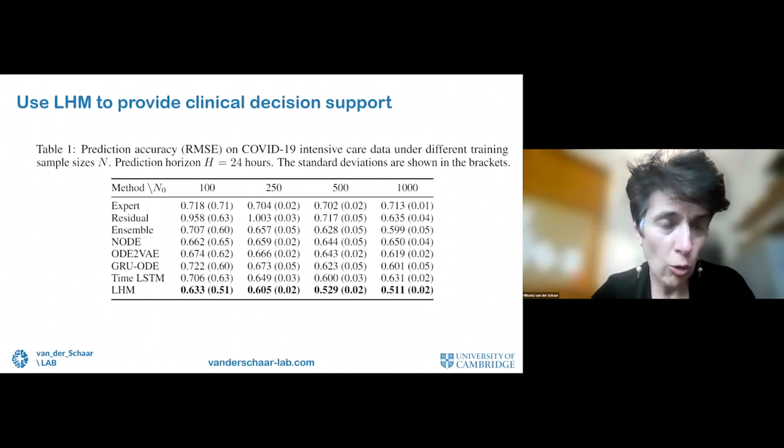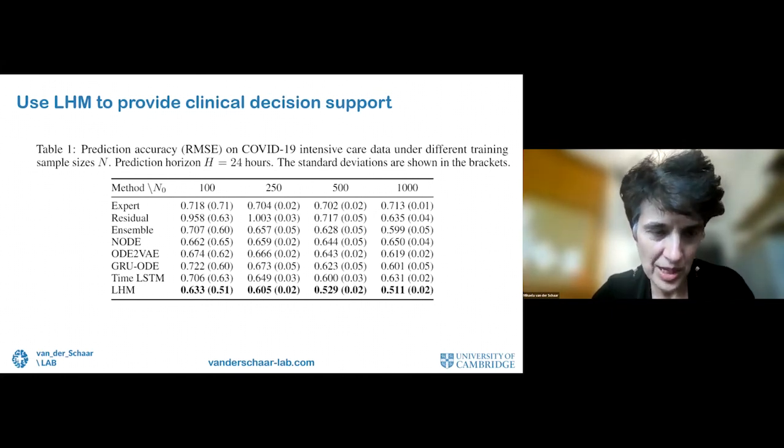In COVID, in the ICU, initially, we had only very few patients. And very powerful machine learning models developed, for instance, for natural language processing or many other settings, were incapable of learning effectively when we had 100, 200, or even 1,000 patients.